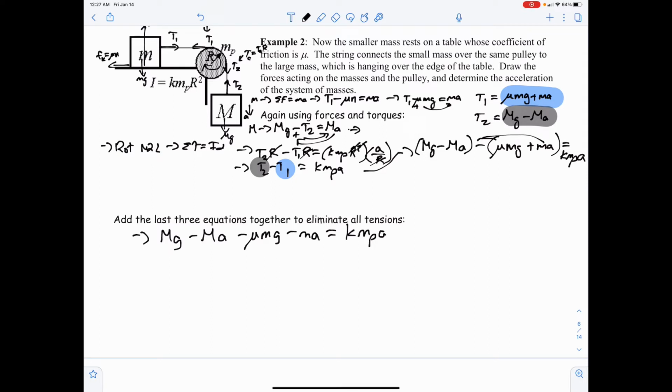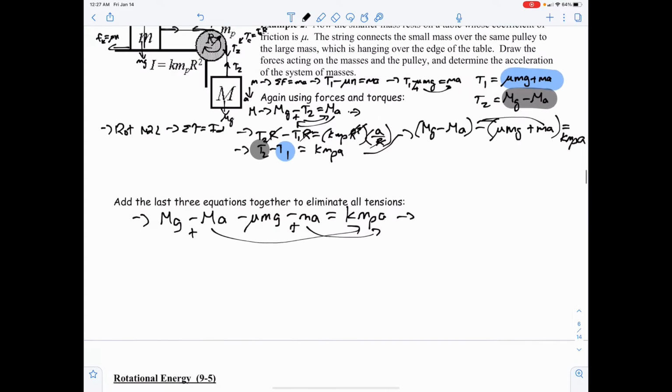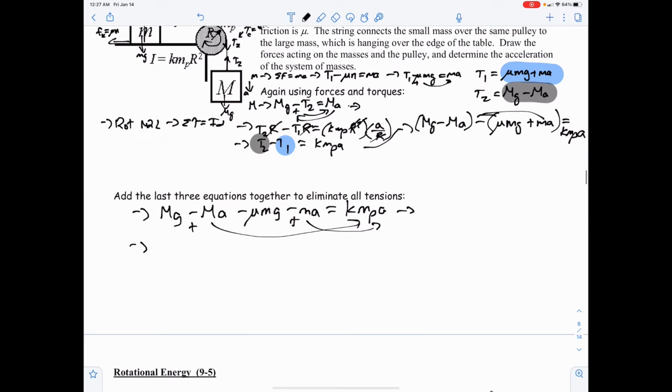Let's go ahead and add the big Ma over to this side, add the little ma over to that side. And when we rewrite this, we get big Mg minus mu mg is equal to big Ma plus little ma plus K m_p a.